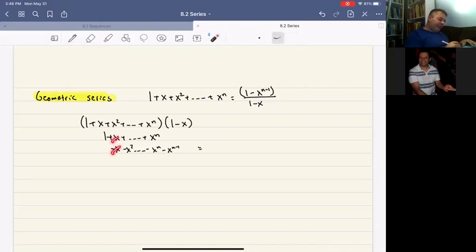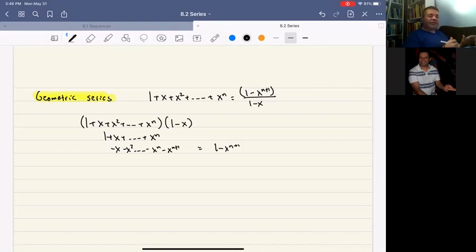All these terms cancel. Plus 1. Sorry, it should be a plus 1 there. Okay, all right, so that's our geometric series.